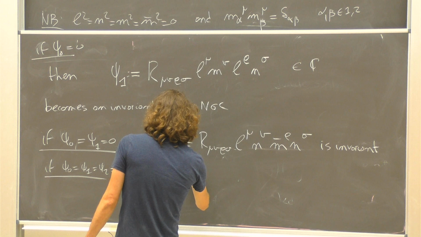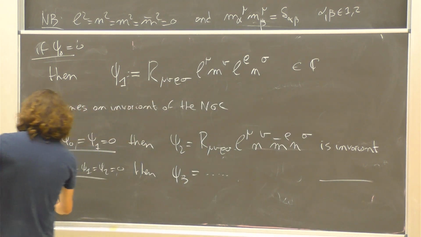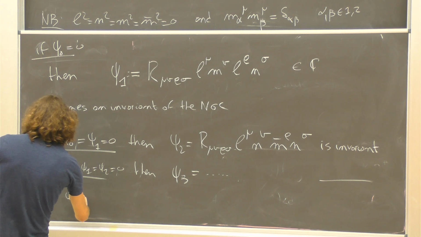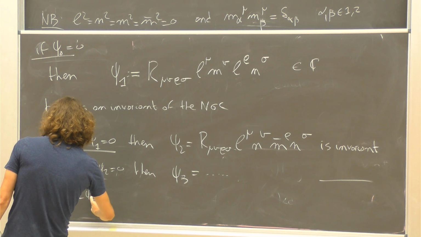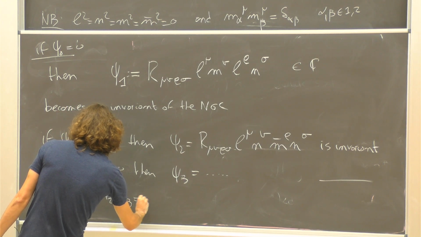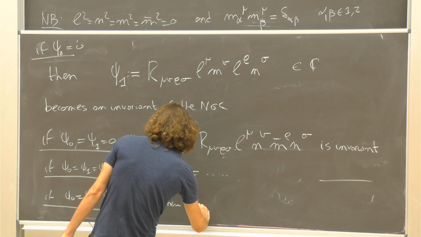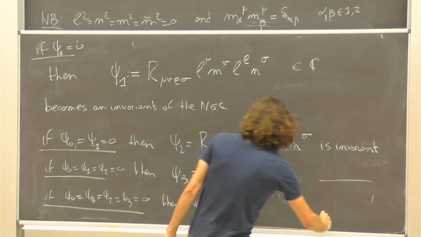Yeah, so there is something which is called psi3 which becomes invariant, and then if the 1, the 2, and the 3 are all zeros, then there is another guy called psi4, which becomes invariant.